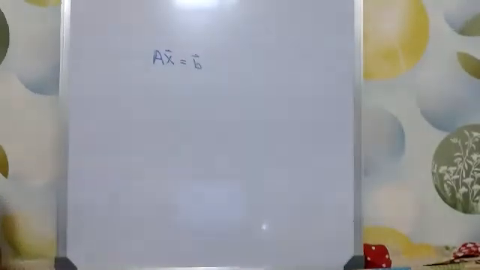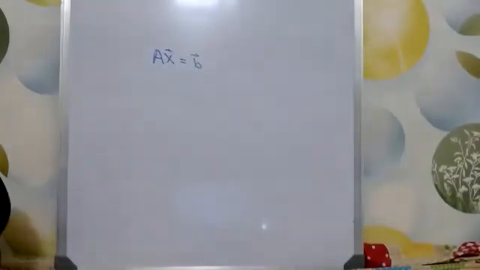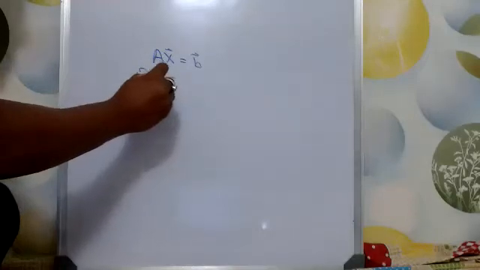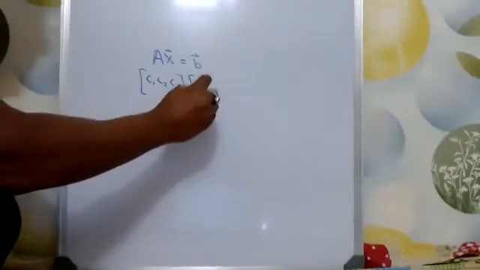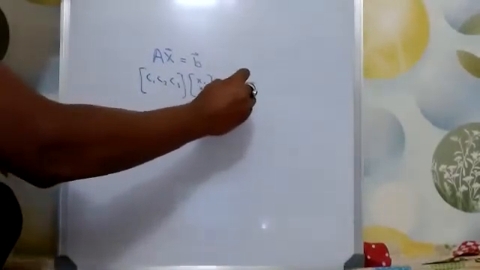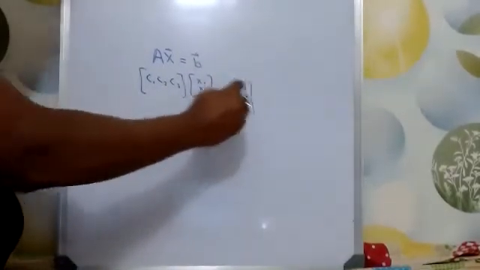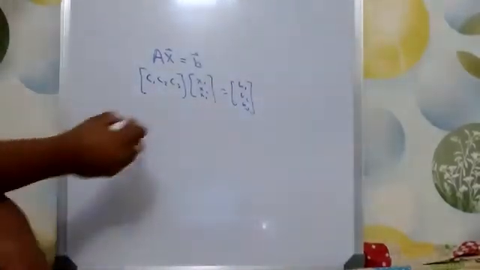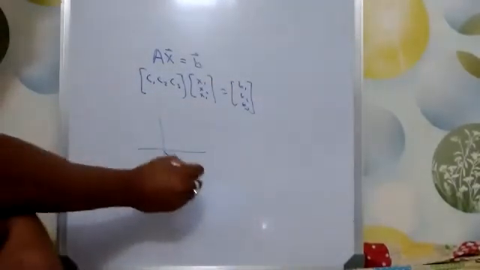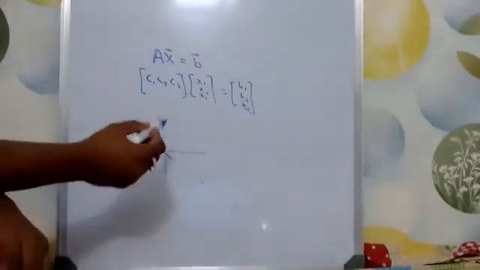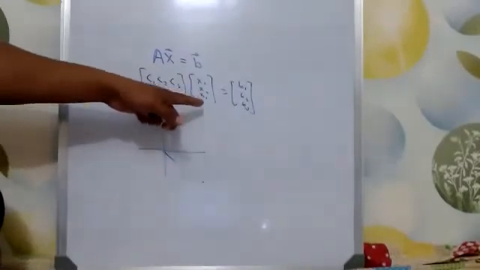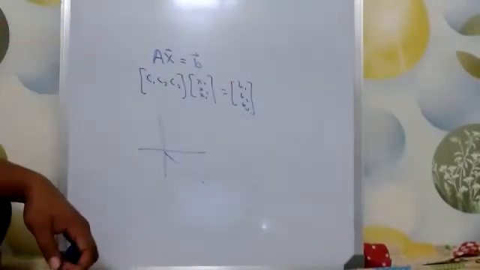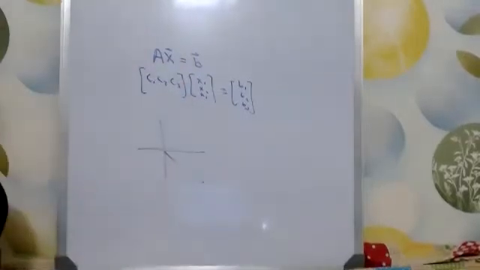So if it was a C1, C2, C3 matrix, and this was x1, x2, x3, and this one was b1, b2, b3, then you could understand that okay, I have three vectors in a three-dimensional space, C1, C2, C3, and the linear combination of these three vectors with x1, x2, x3 is giving me some new vector. This one you could understand. Okay, this is just vector addition kind of thing.